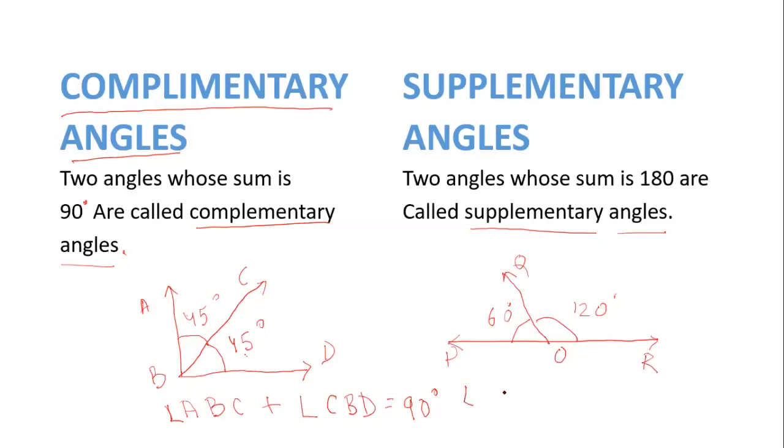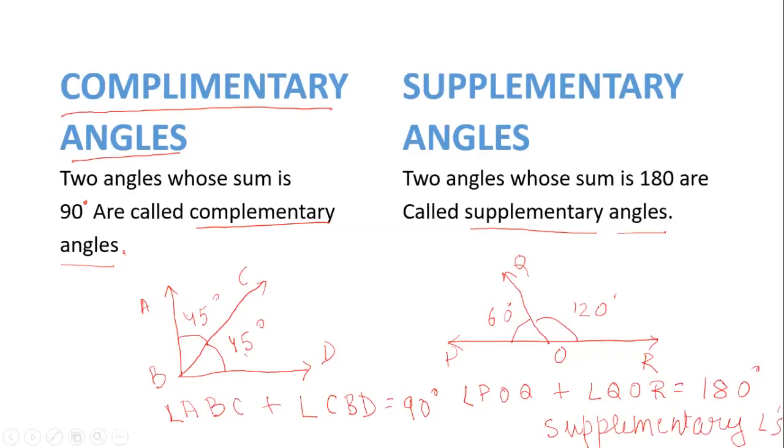Angle POQ plus angle QOR is equal to 180 degree. So they form supplementary angles.